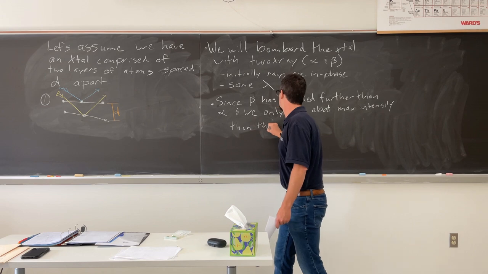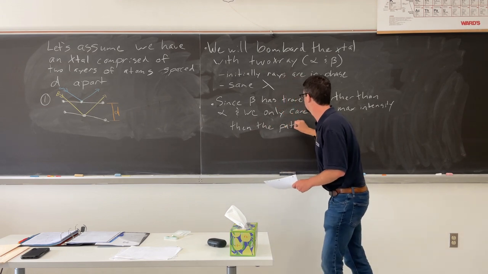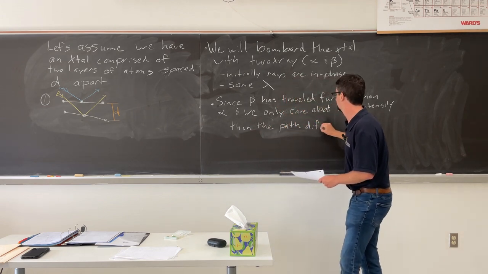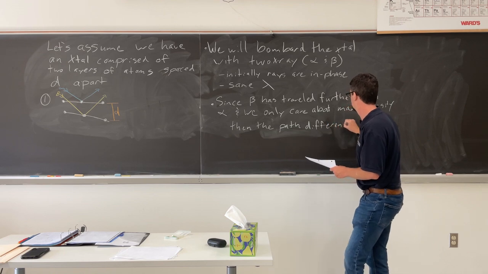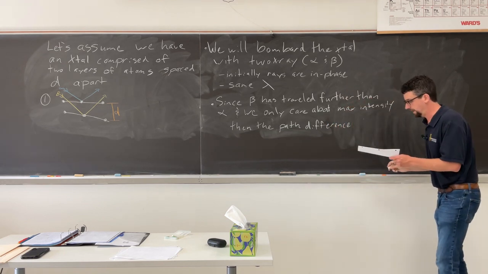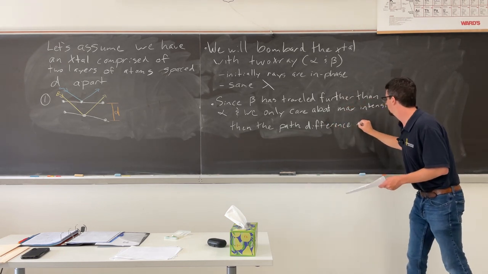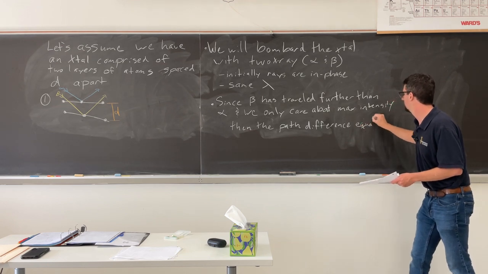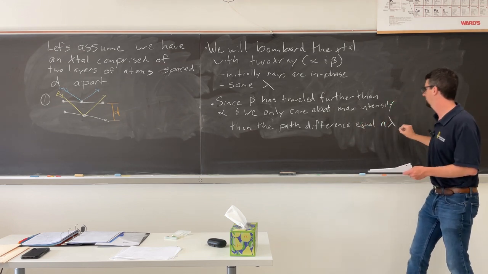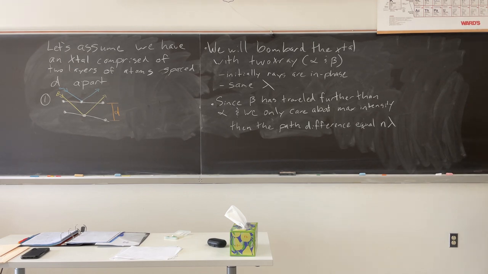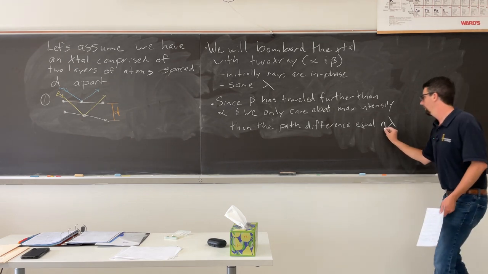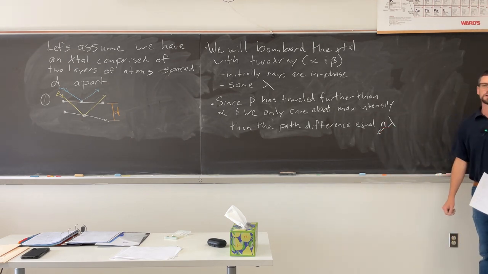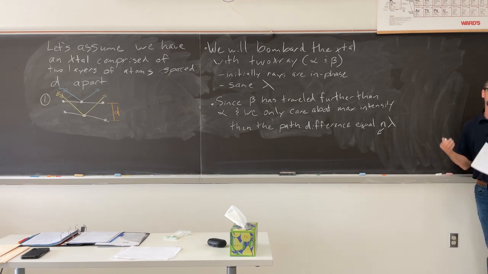Then the path difference for them to be in phase with one another must equal n lambda. Okay. Why n lambda? You can use something called the Laue equations, which I really didn't want to spend the time to do.